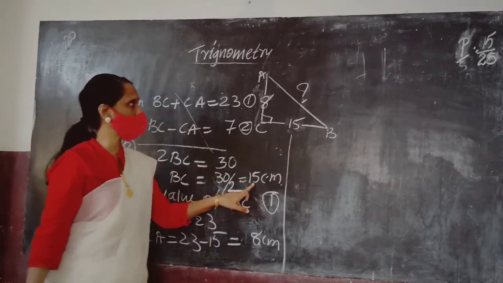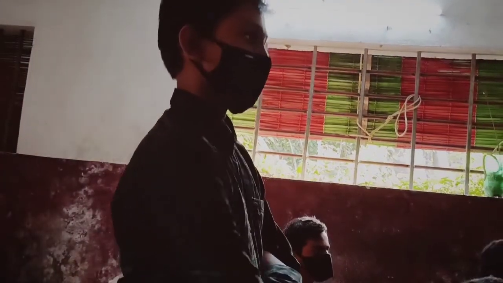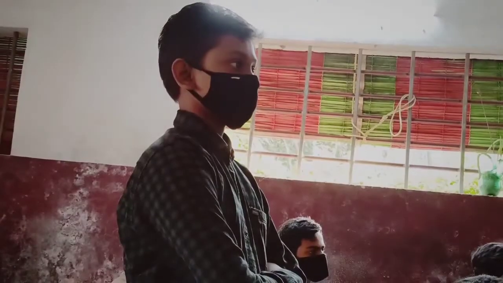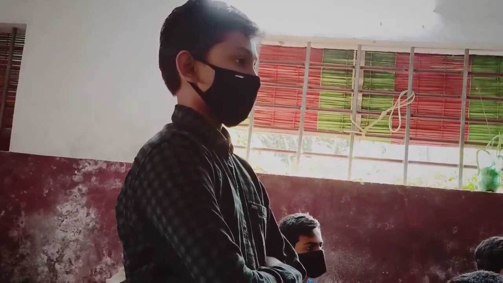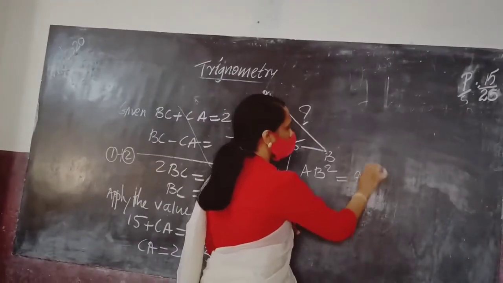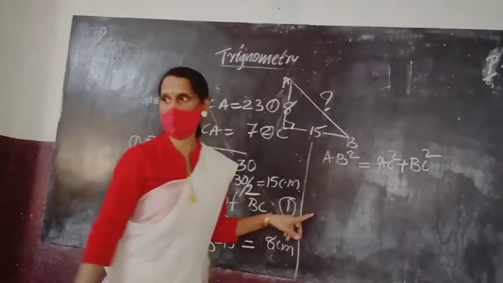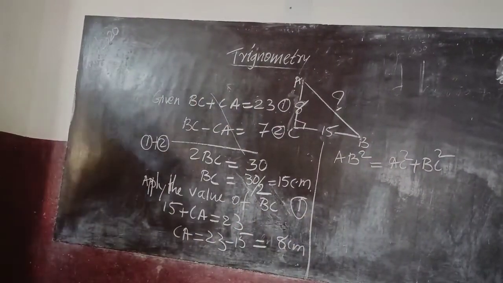Navneet, can you say how to find out this one? We want to find out AB. We want to use Pythagoras theorem. AB square is equal to AC square plus BC square.